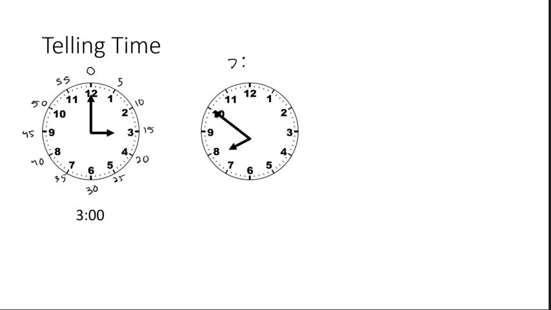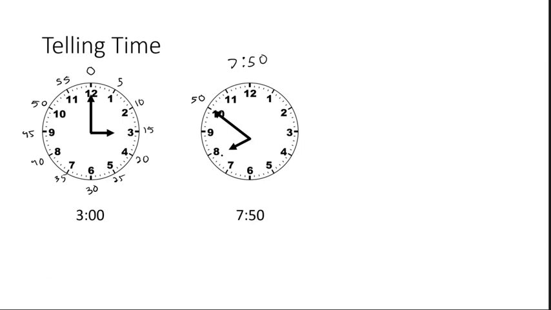And then the minute hand is the longer one, and notice it's here at the 10. Remember we said we count by 5s for the minutes, so 5 times 10 is 50. This is the 50-minute mark. So our time would be 7 colon, and the minutes would be 50. So we would say the time is 7:50.